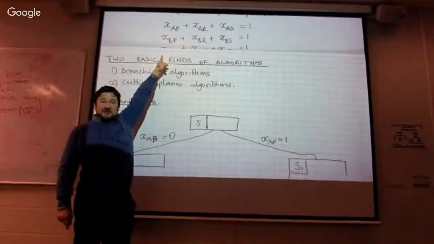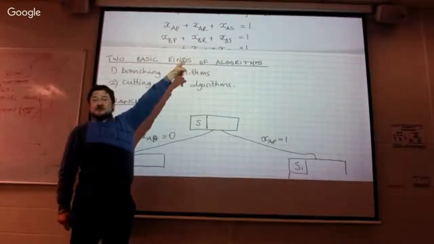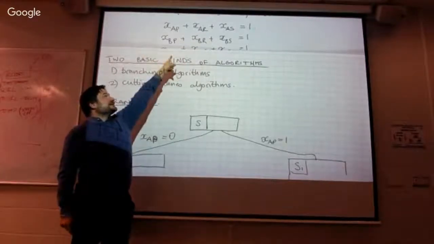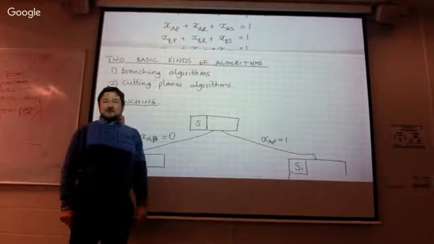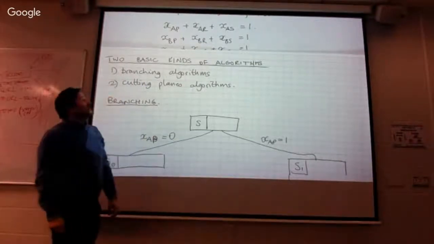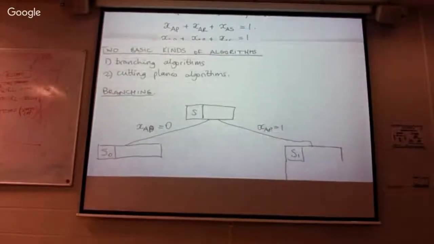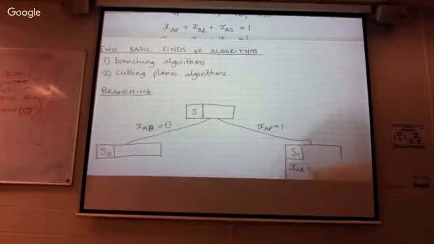See that constraint? Because XAP plus the other two variables is equal to 1, what does it tell us about the values of XAR and XAS? They have to be 0, because otherwise the constraint would be violated. So in this case, of putting XAP to 1, we know that XAR and XAS necessarily have to be 0.